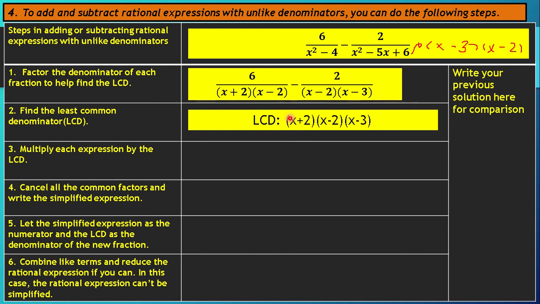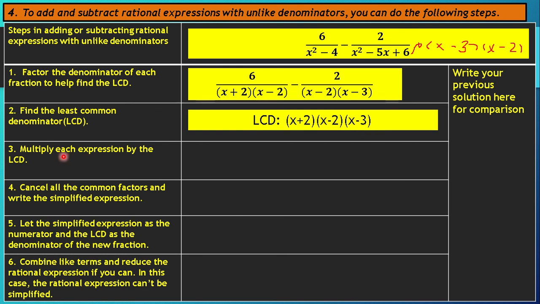X minus 2 exists twice, so hindi natin siya dalawang beses na kukunin, kundi isang beses lang. And then the last factor, x minus 3. So wala naman siyang kaparehas, so kunin lang din natin. So ang LCD natin ay quantity x plus 2, x minus 2, quantity x minus 3.